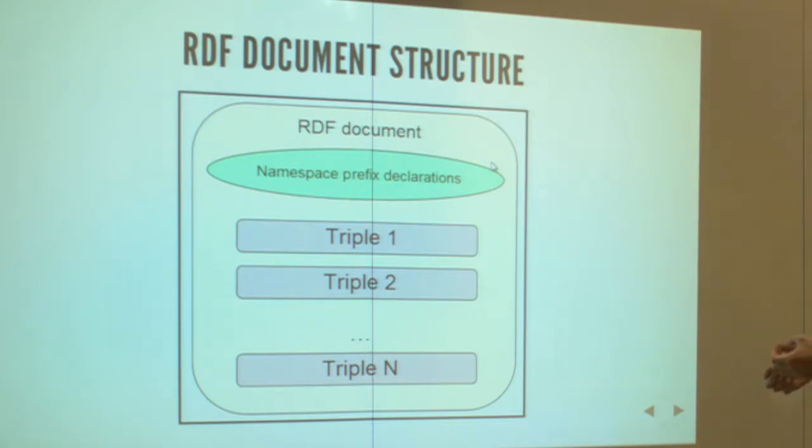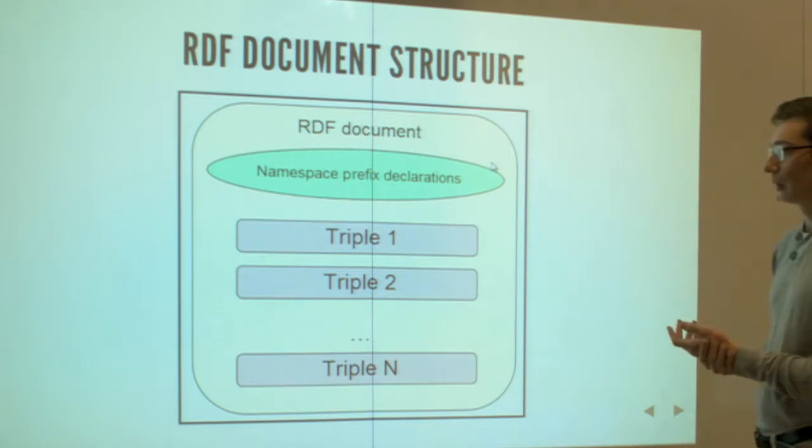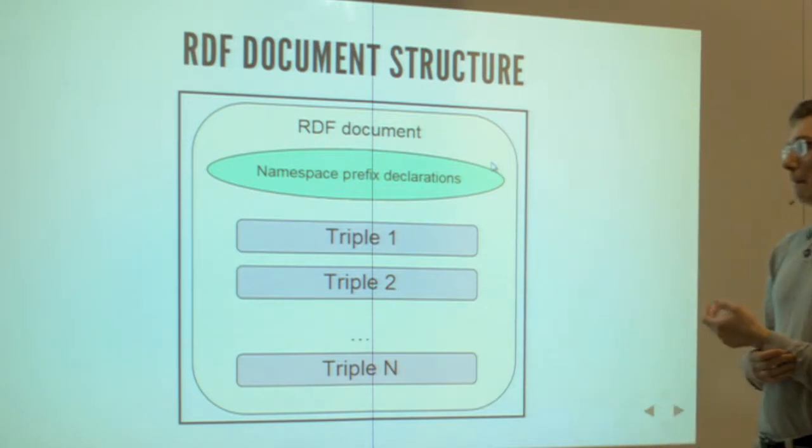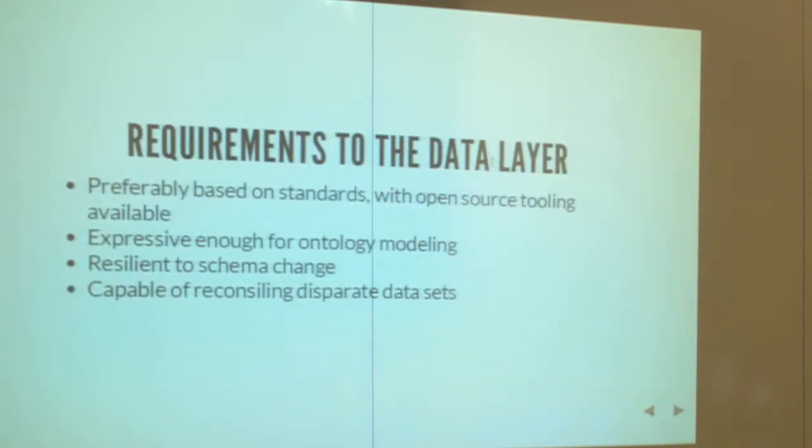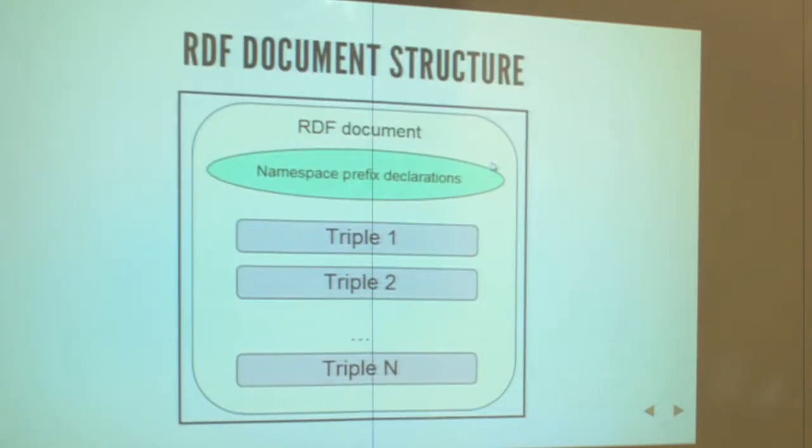And another thing is that, since any RDF document is essentially a list of triples, it's very easy to concatenate two completely disparate data sources. No matter which schema they adhere to, no matter what they describe, it's very easy to merge them into one document. So this requirement, the last one, is satisfied naturally by RDF.